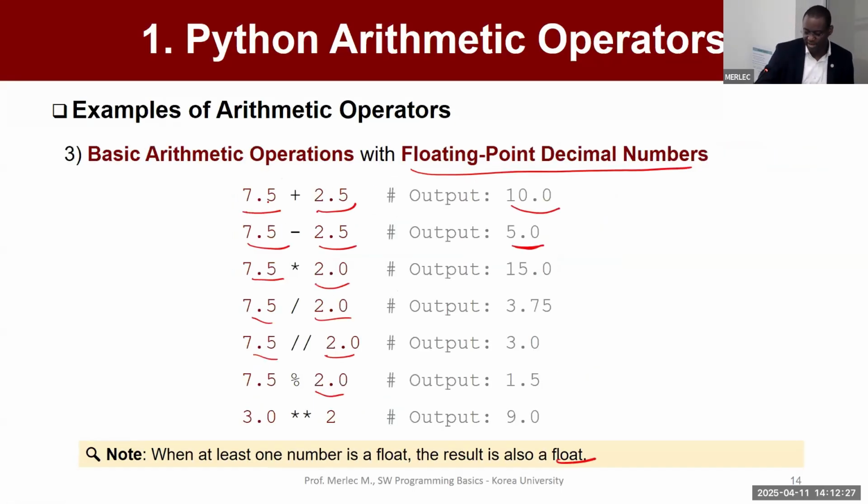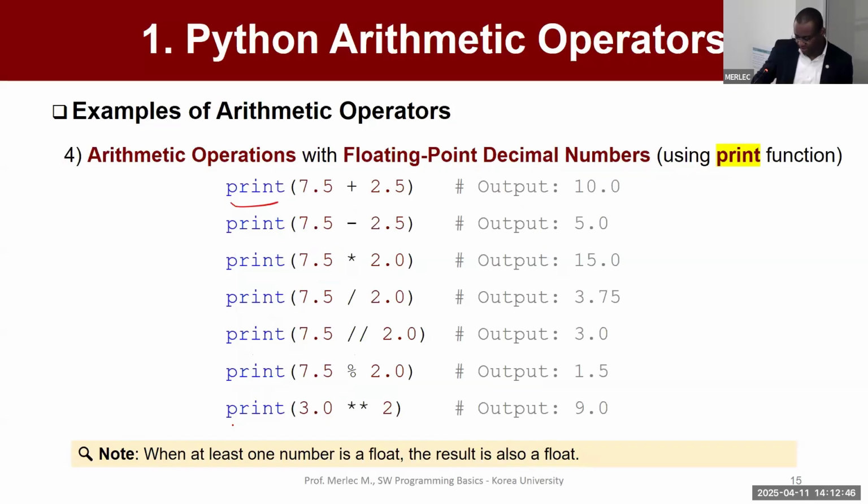If you just write the expression like this, it will not show the result in the script program approach, but it will show the result when you run it in the Python interactive shell mode.